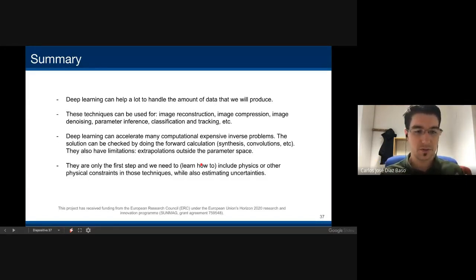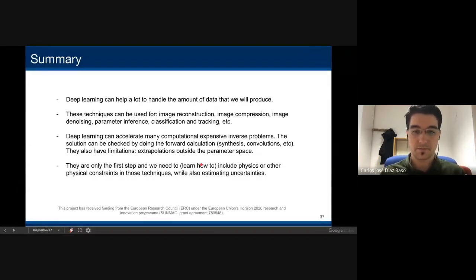I also wanted to share with you that these techniques are very useful for different things like image reconstruction, compression, denoising, parameter inference, classification and tracking. They can accelerate many computationally expensive inverse problems like the one I have been showing here, where the solution can be checked in many cases by doing the forward calculation when it's possible.